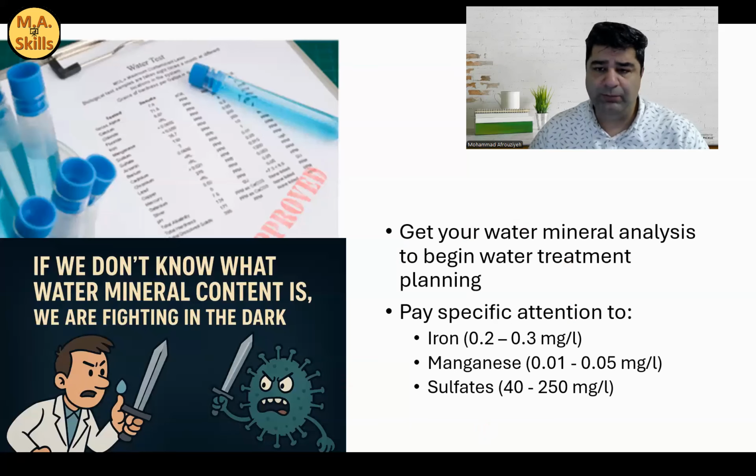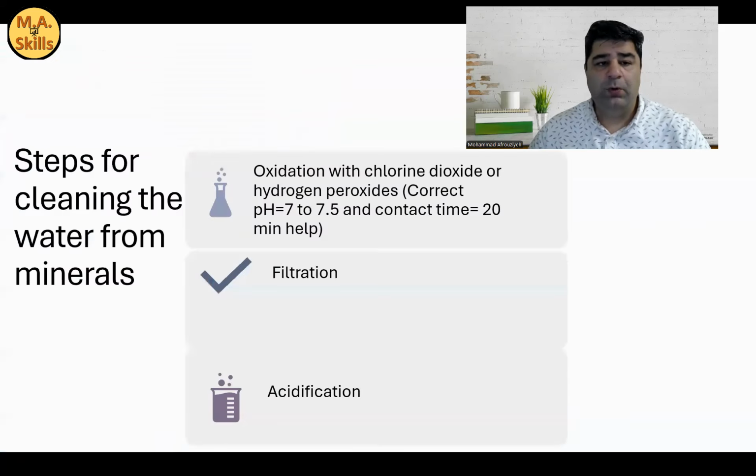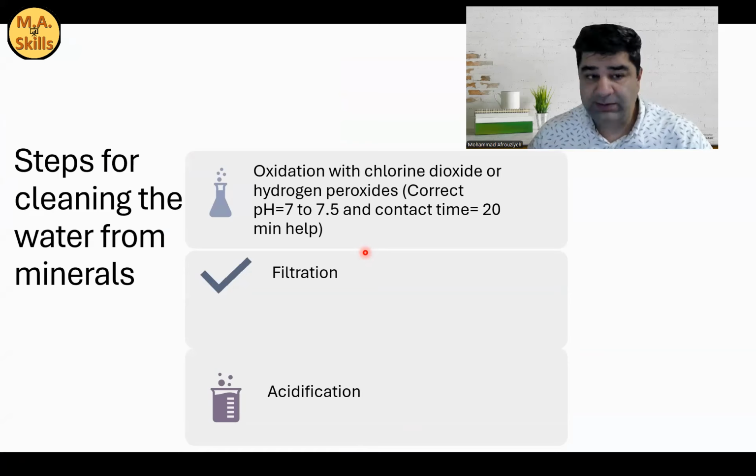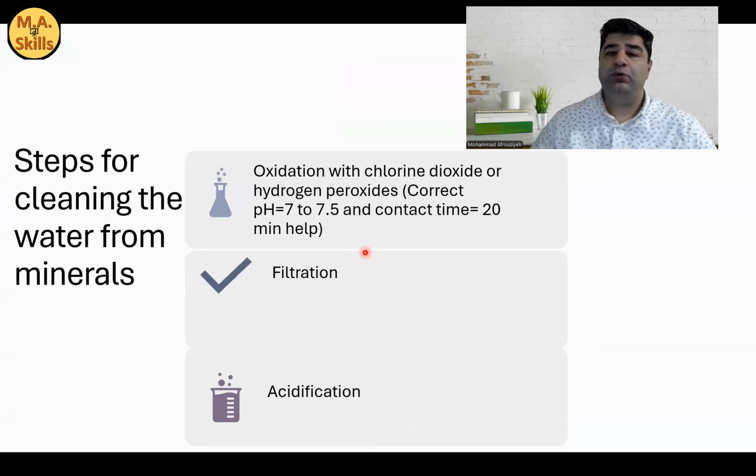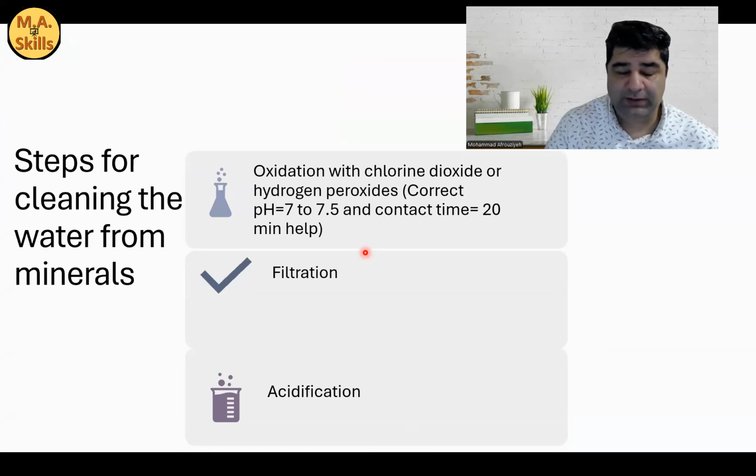They are really important. So if you see your water has beyond acceptable level of iron, manganese, or sulfate, or other minerals, then we need to clean the water line from these minerals, right?